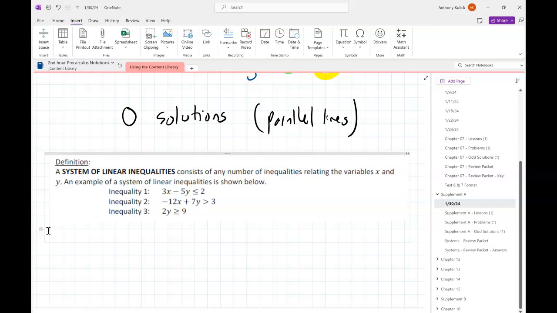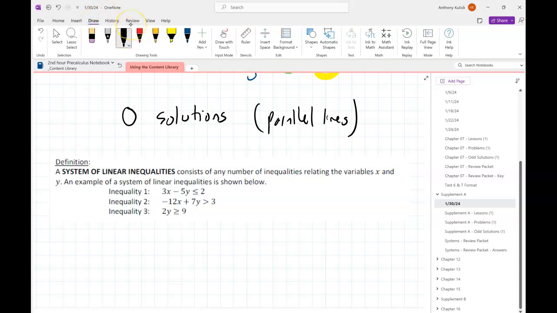And the way we're going to do that is by doing it graphically. So what we're going to do is we're going to graph each of these inequalities separately and look at where the overlap is between the inequalities. So we're going to solve each inequality separately and then look at the overlap of their solutions. Everybody's okay with that idea?